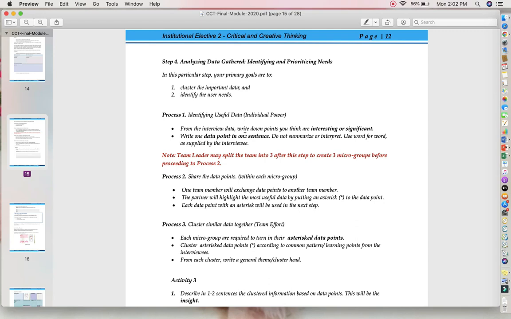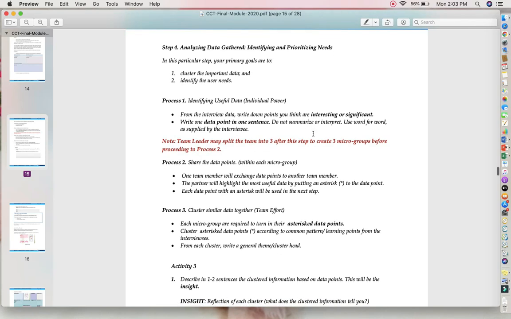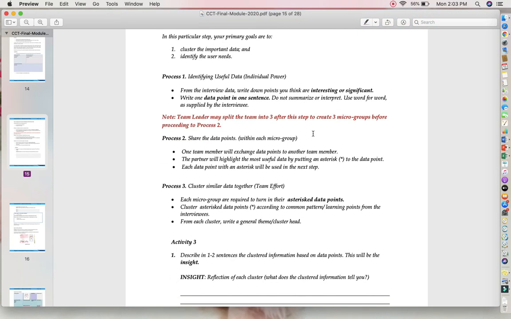From the interview data, write down points you think are interesting or significant. Write one data point in one sentence only. Do not summarize or interpret. Use word for word as supplied by the interviewee. Okay, do not summarize. You just use word for word what the interviewee said.